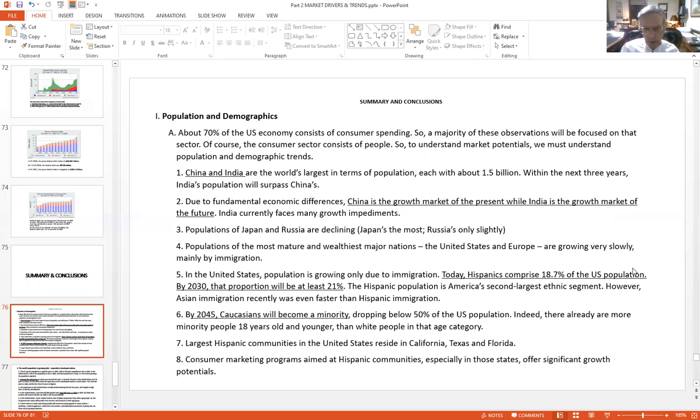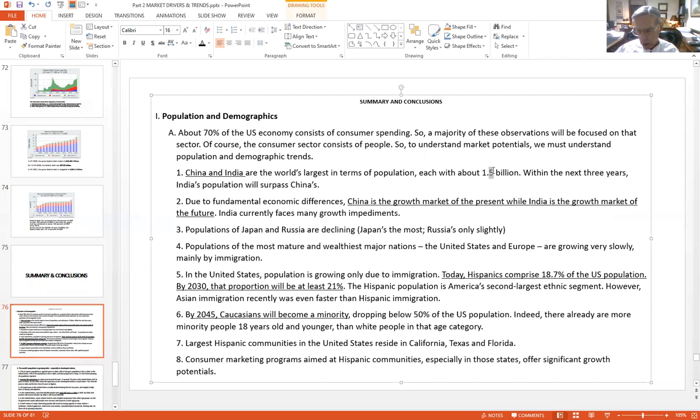And so we've talked about China and India, each of which has about 1.4 billion people or more. Now I think I'm going to change that right now to 1.4 because we're not to 1.5 yet.